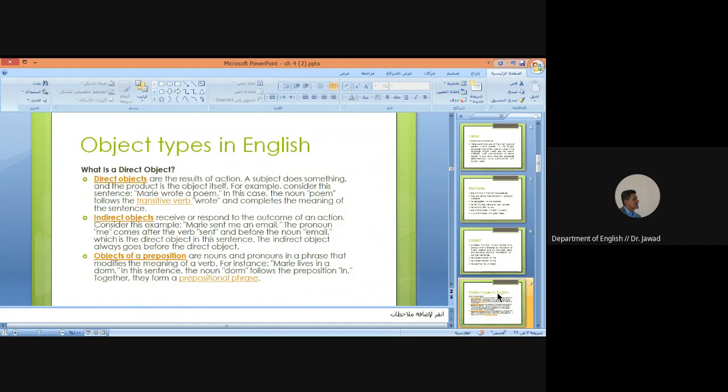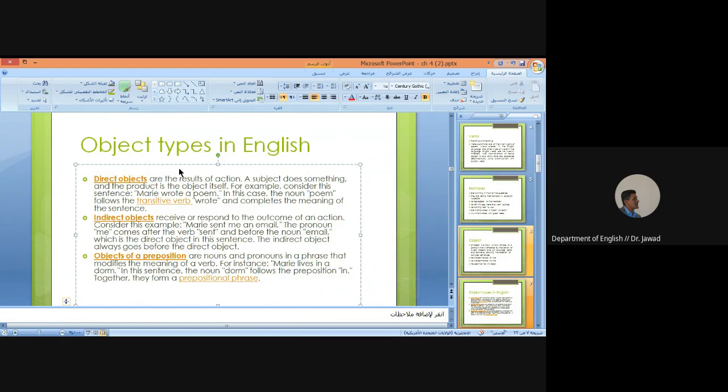Here in front of you, the types of an object. We have direct objects and we have indirect objects. Now, direct objects are the results of action. We have a subject and that subject does something, and the product is the object itself. For example, if we say, Mary wrote a poem.